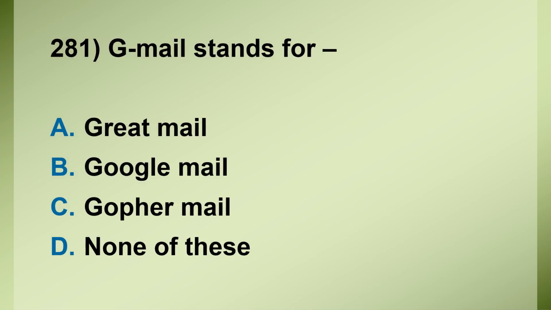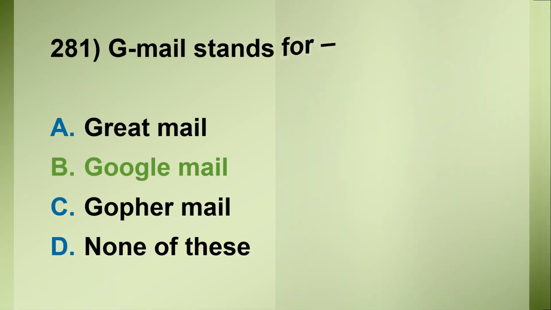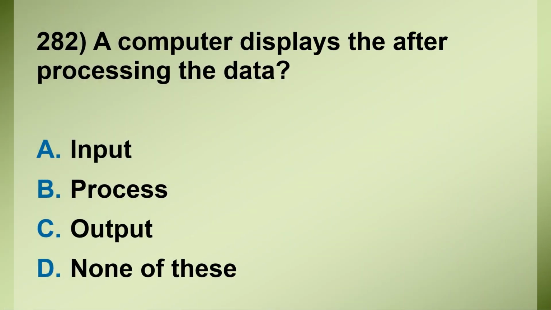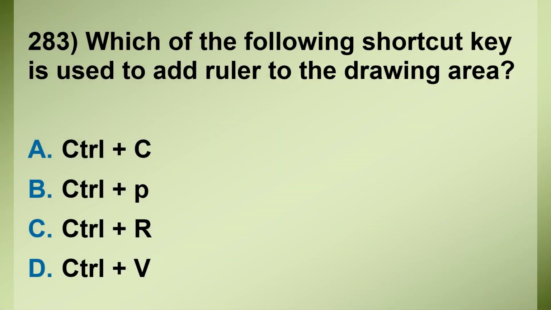Gmail stands for Google Mail. The computer displays the result after processing the data, that is output. Which of the following shortcut keys is used to add ruler to the drawing area?